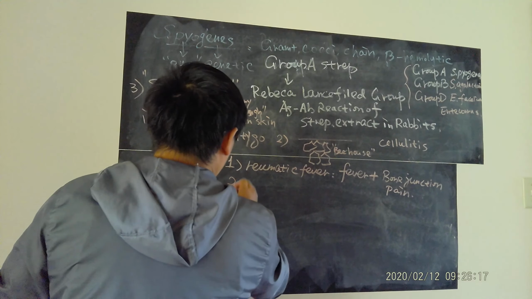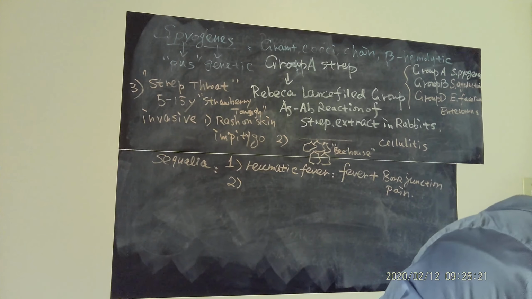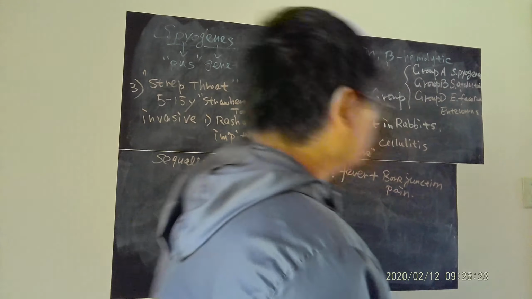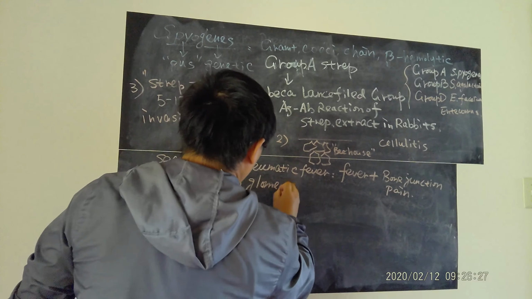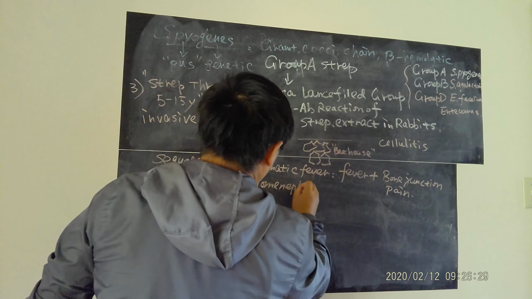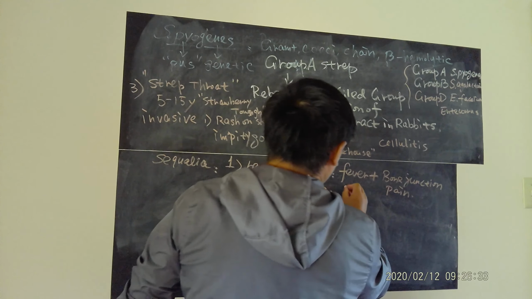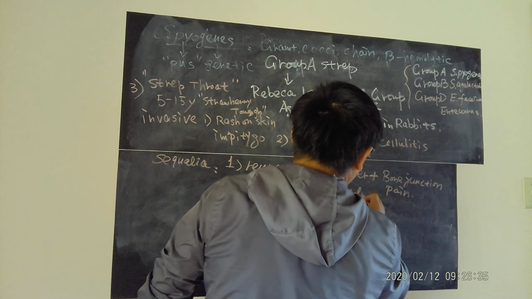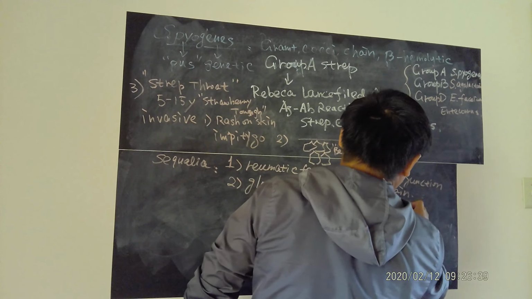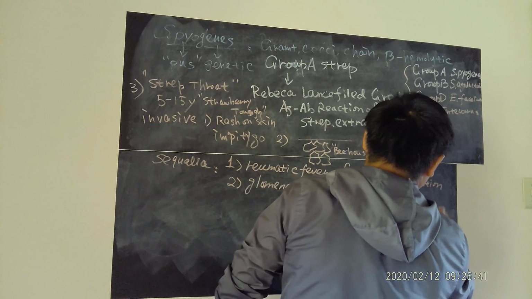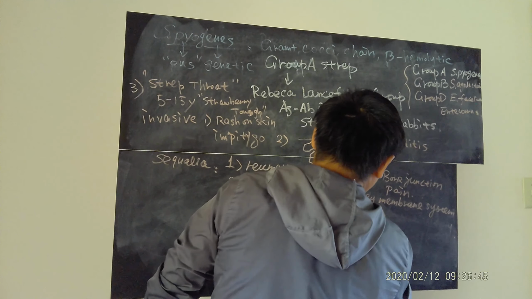The second one, using the terminology, is glomerulonephritis. Nephritis means the kidney membrane system is broken.